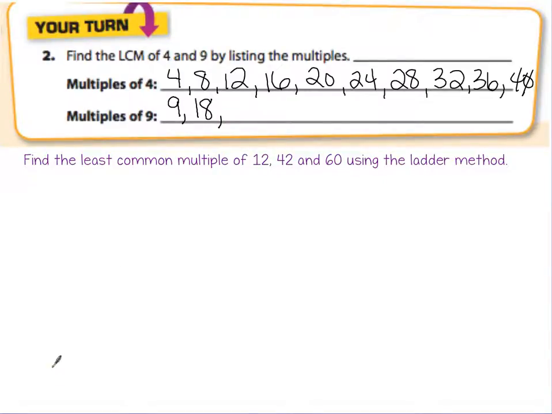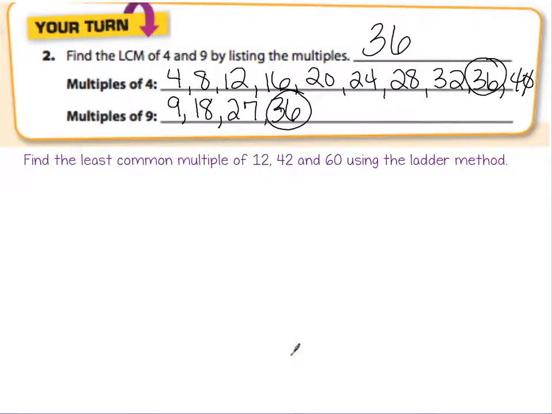They don't have those in common. 27. They don't have that in common. 36. They do have 36 in common. They have 36 in common because 9 times 4 is 36. Sometimes the least common multiple is going to be the two numbers times each other. So in this case, the LCM is 36.